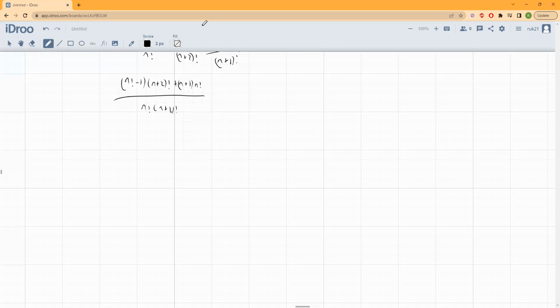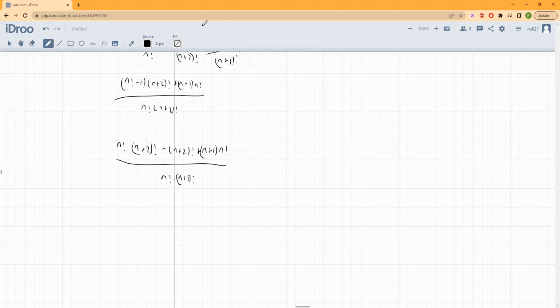So after that, if we open up all our brackets, we're going to get n factorial times n plus 2 factorial minus n plus 2 factorial plus n plus 1 n factorial over n factorial times n plus 2 factorial.